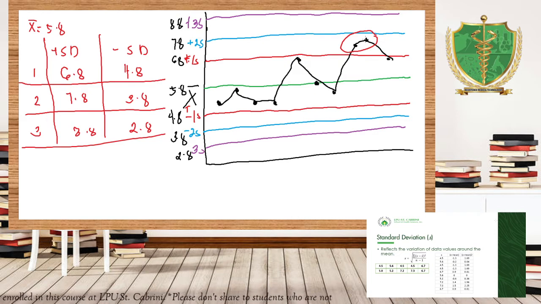Okay? Results outside 1 SD. So that is 1S, or since that is 2, two 1S.